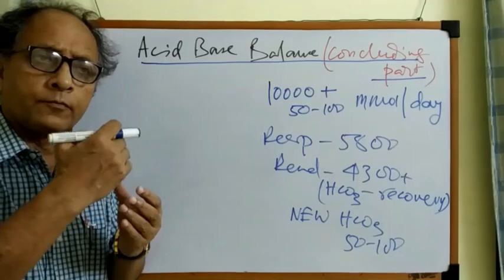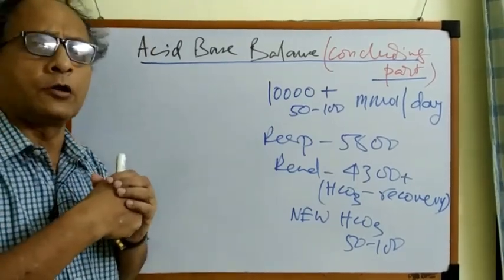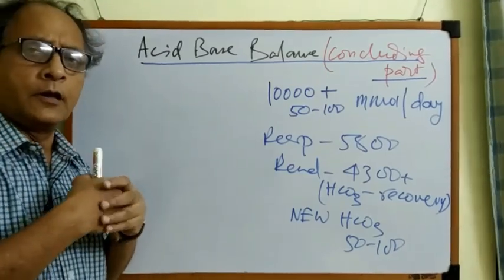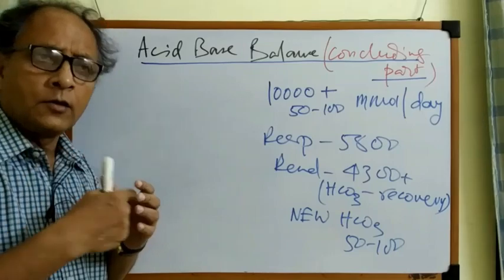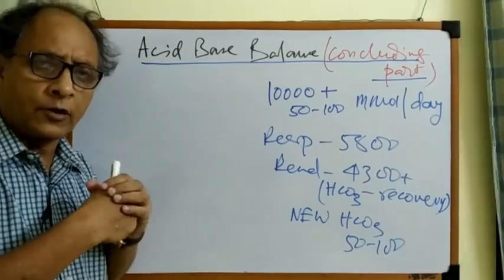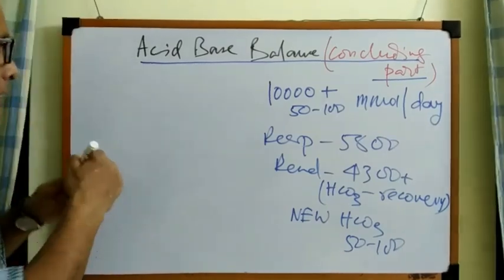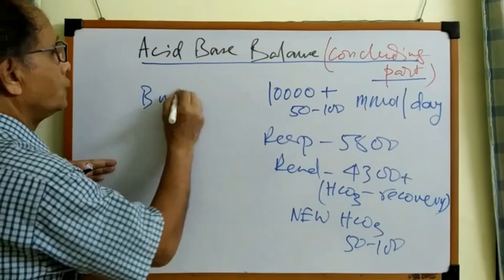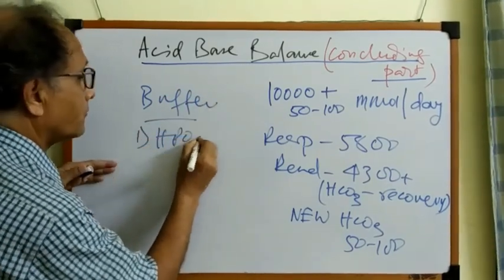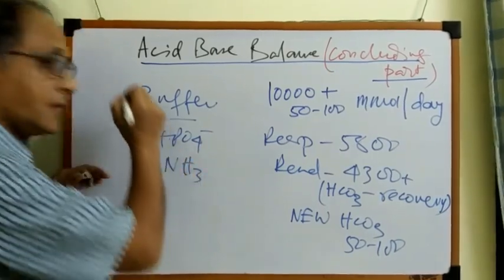For each molecule of hydrogen ion secretion, there is a returning of HCO3 to the circulation, but in the tubular lumen there is no remaining bicarbonate, so H plus ion remains free, which is handled by two buffer mechanisms: one is the phosphate buffer, another is the ammonia buffer.